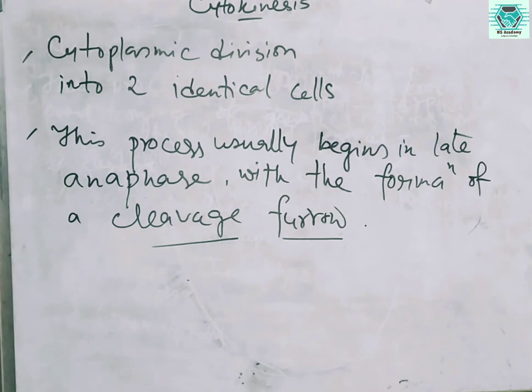So after the nuclear division, the cytoplasmic division occurs, and as I have told, by the formation of the cleavage furrow there is also division of cytoplasm. So in this way, in the mitosis process, from one mother cell, two daughter cells are formed.